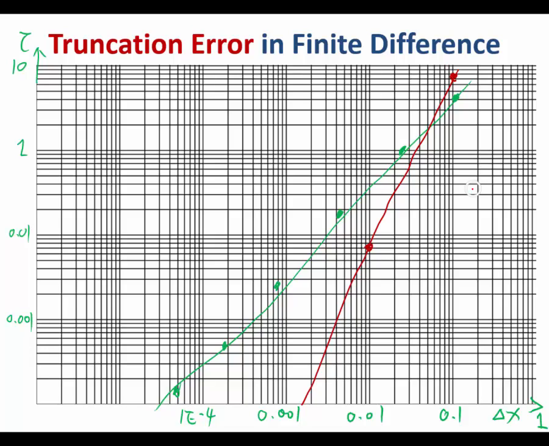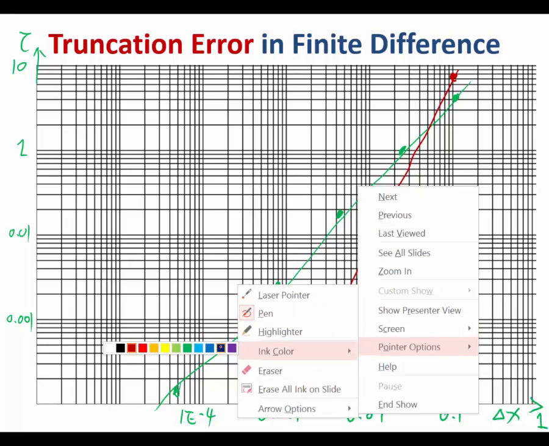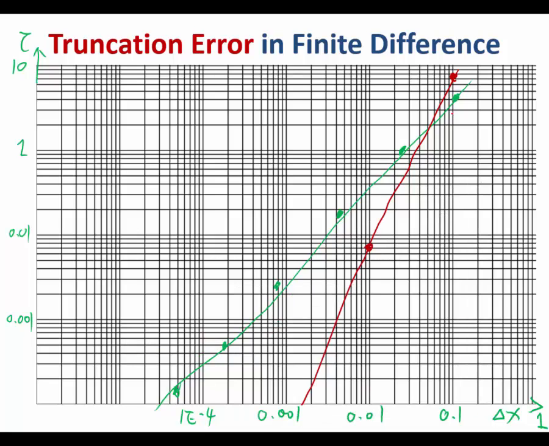So you may see another scheme that is second order. You may see another scheme that behaves like this. It can be here, it can be here, it can be here, and then it goes like this. So if you connected the line, it may go like this. But this is still second order because the asymptotic slope as delta x is small enough is the right behavior.